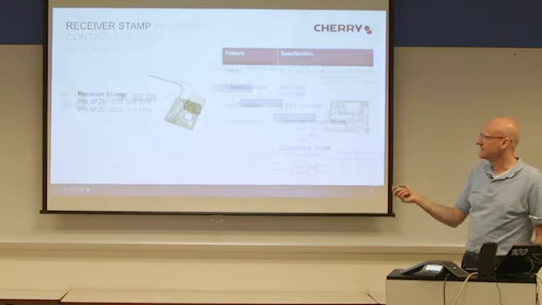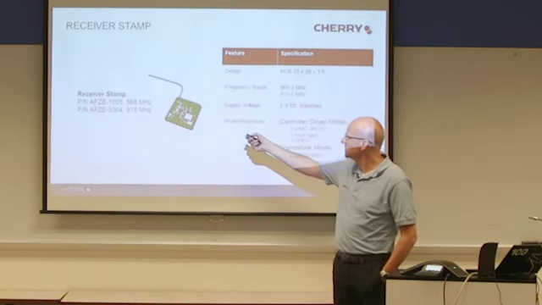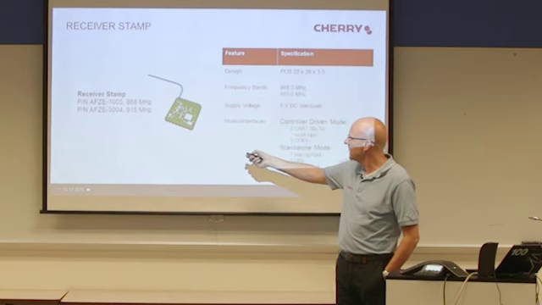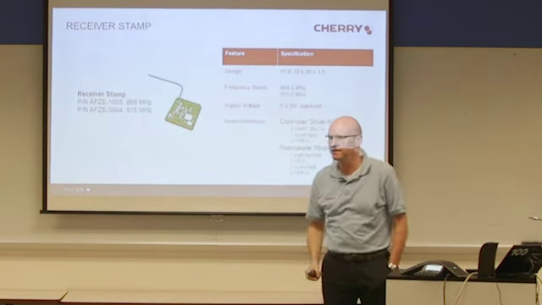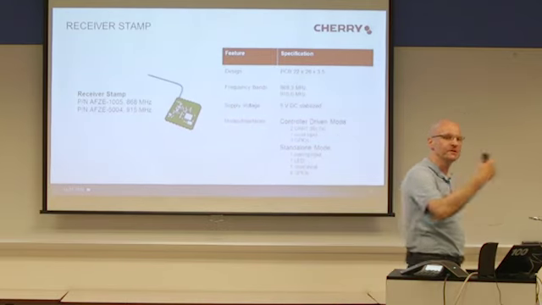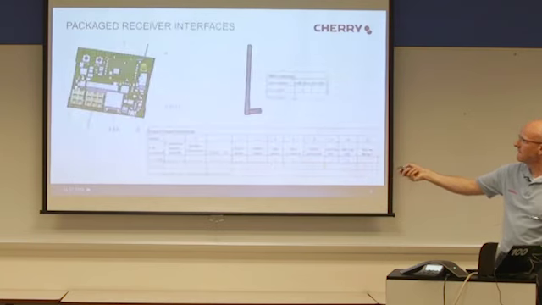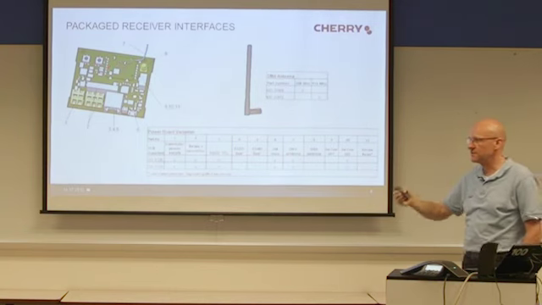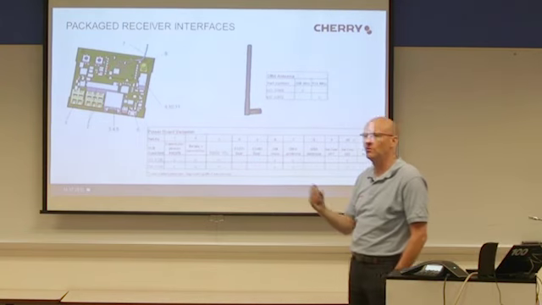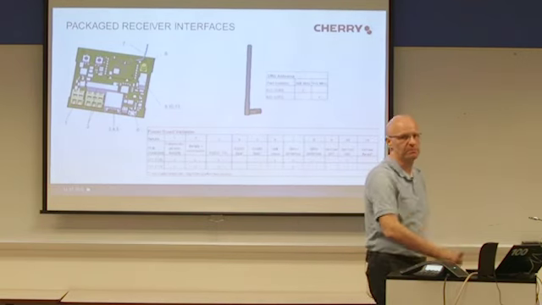Because the RF stamp is only a little PCB and has on this side different soldering pads, which are for communication with the power board. Over these soldering pads, the communication, the power supply, all this information goes from the RF stamp to the power board.